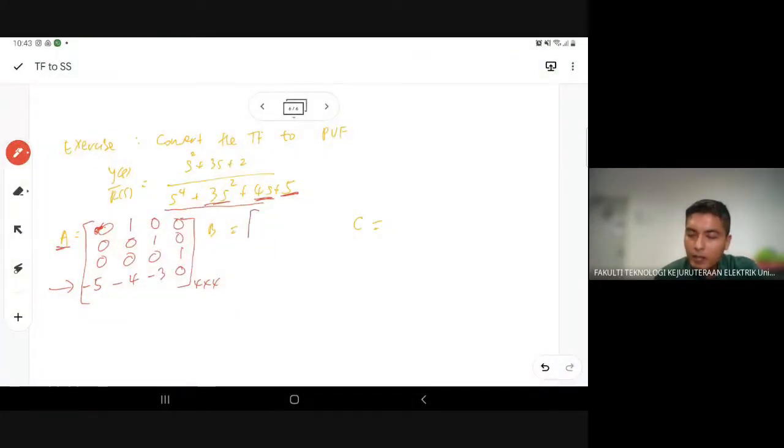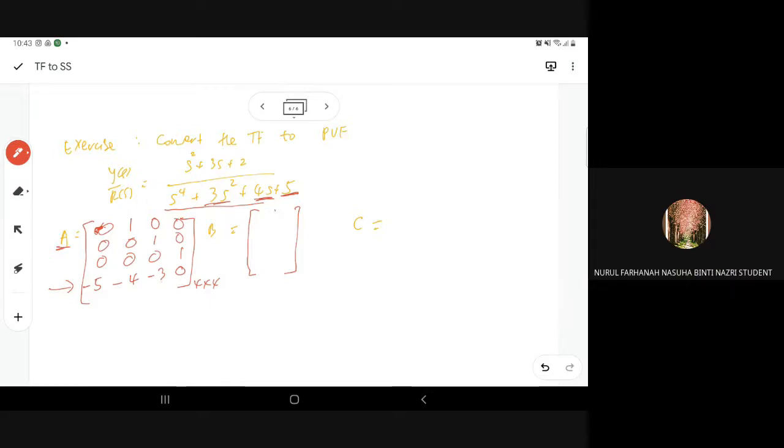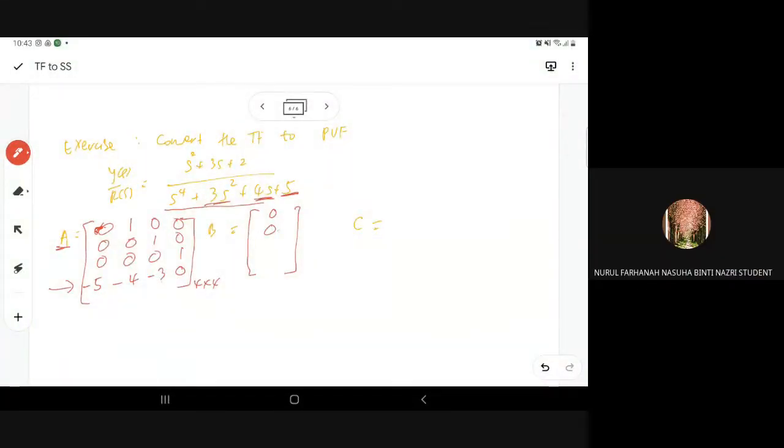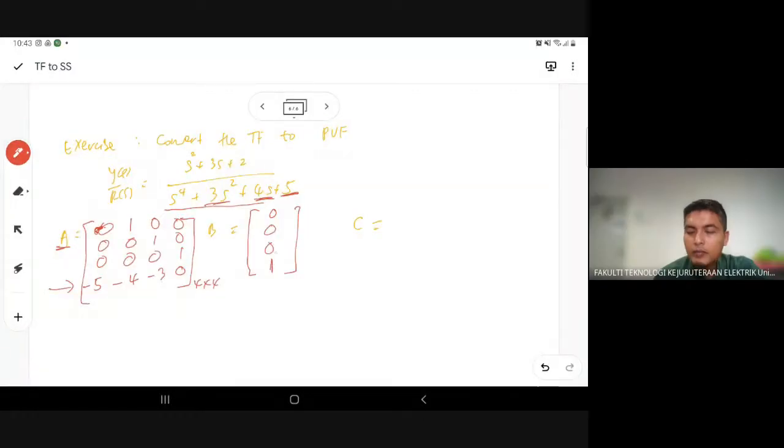And then for the B matrix, what will the B matrix be? 0, 0, 0, 1. How many zeros? 3 zeros and 1.